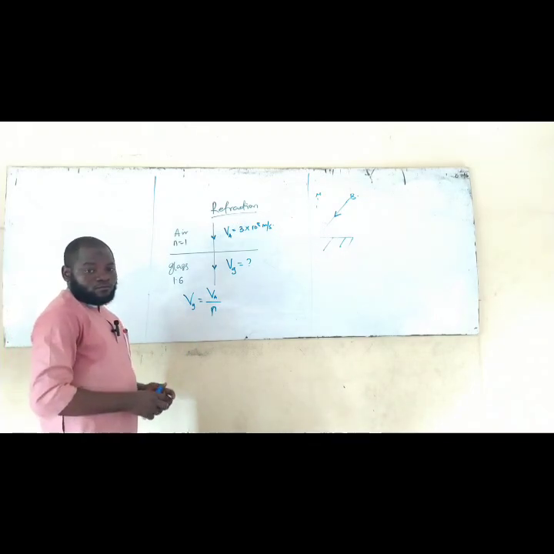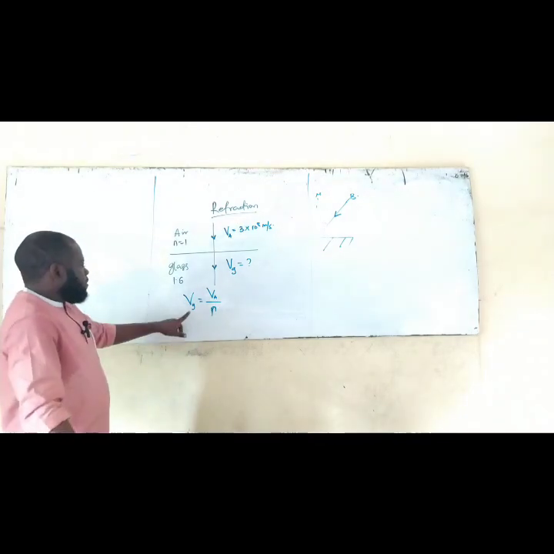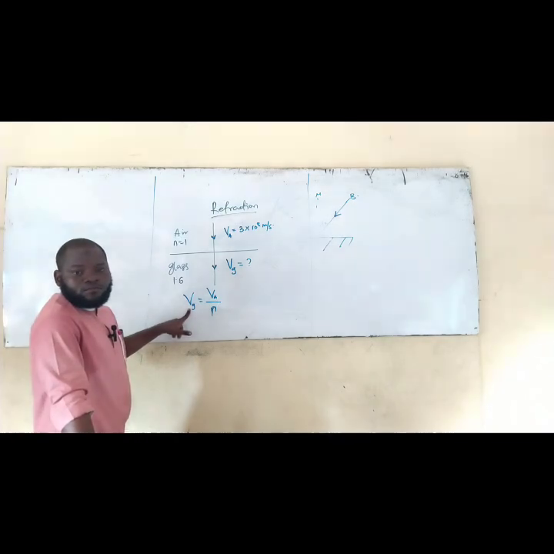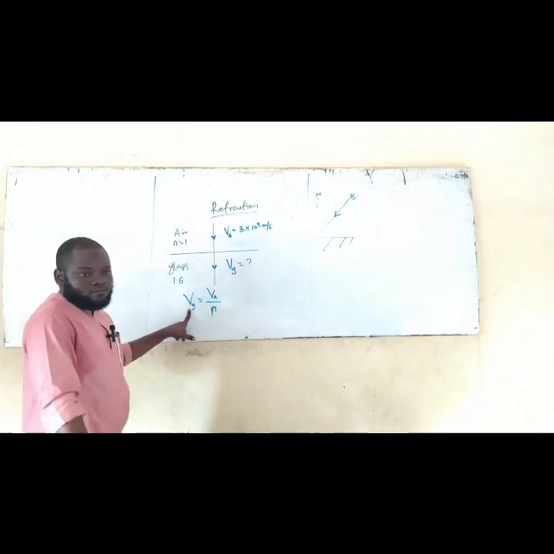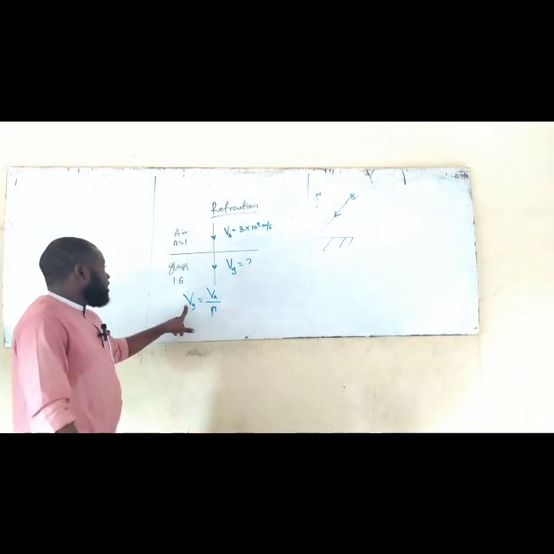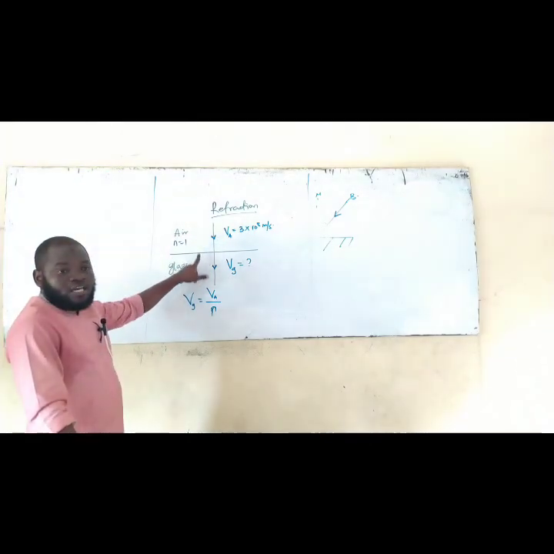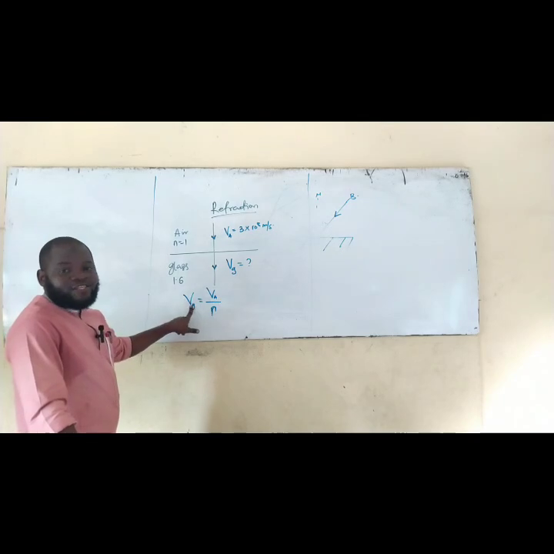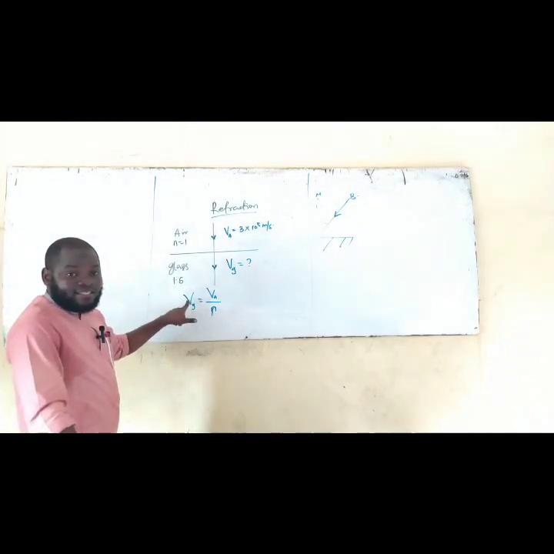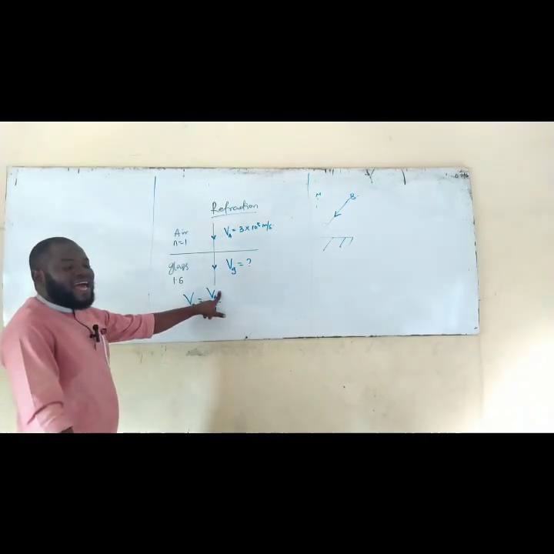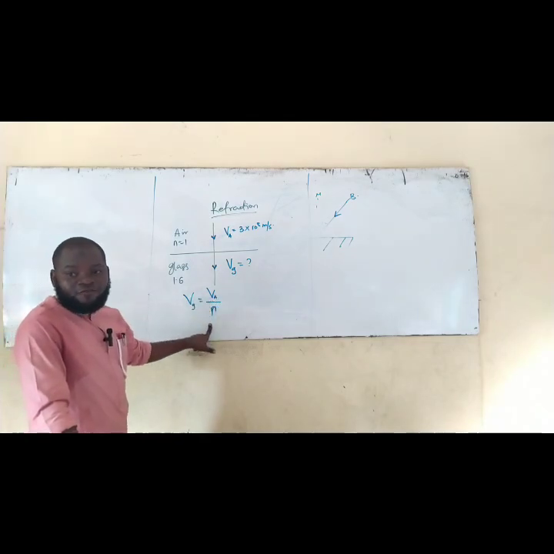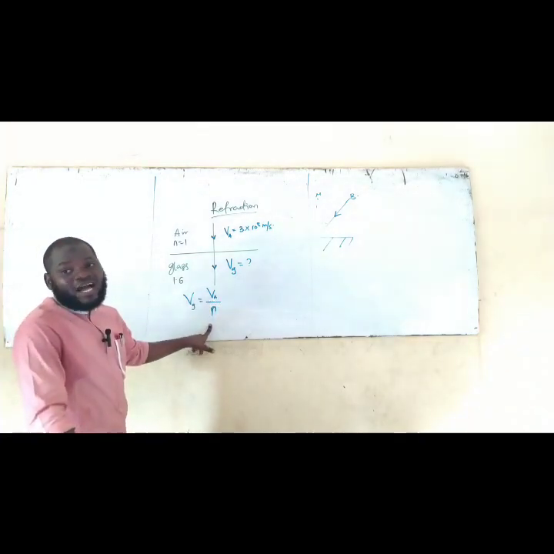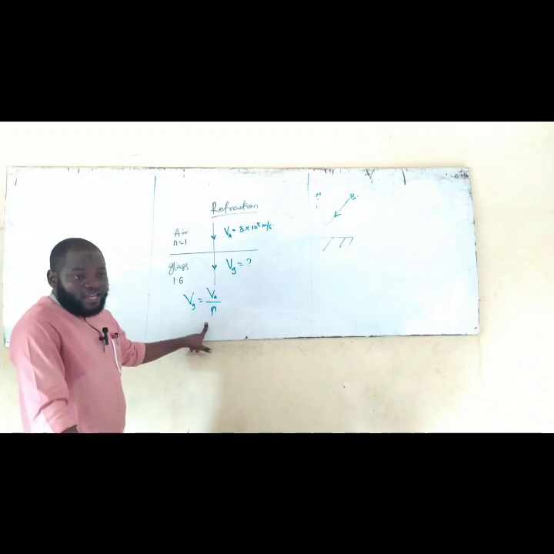Look up. When you're looking for the speed of light, when light travels from air into another medium, the velocity of light in that medium is the speed of light in air divided by the refractive index of that particular medium. Do we get this clear?